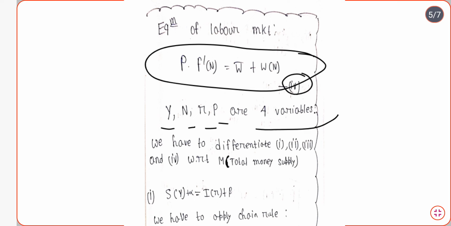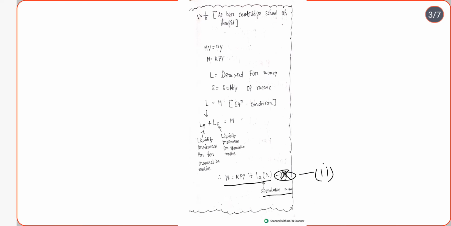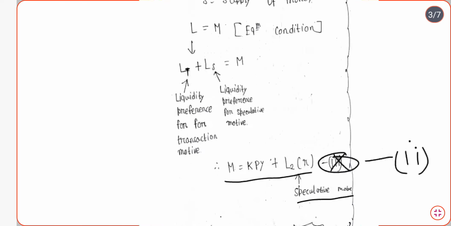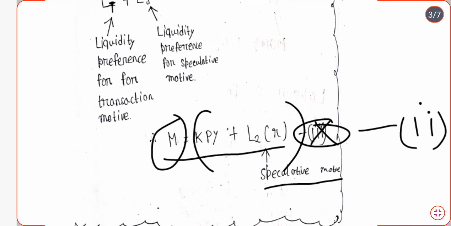Now we have to differentiate equation 1, equation 2, equation 3 and equation 4 with respect to M, that is our total money supply. M is the total money supply, which we put in the equation where the money market equilibrium was shown, and this entire part, KPY plus L2 of R, is the total money demand.